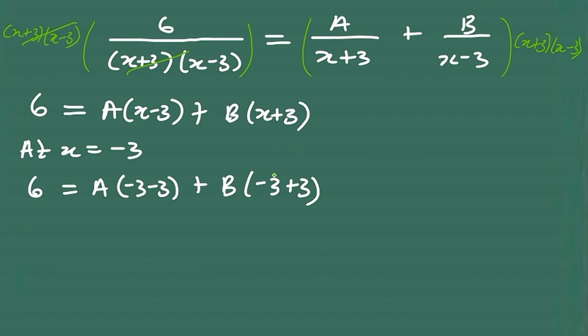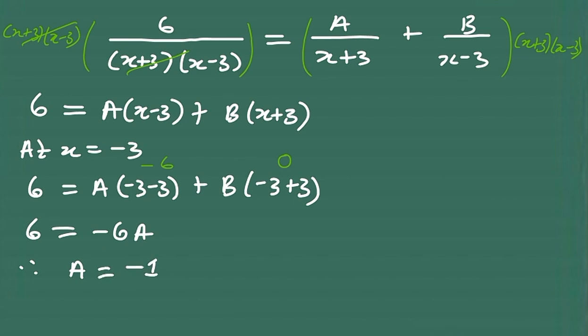Here minus 3 plus 3 is 0, and minus 3 minus 3 is minus 6. So we have 6 equals minus 6A, and when we divide through by minus 6, we get A equals negative 1.